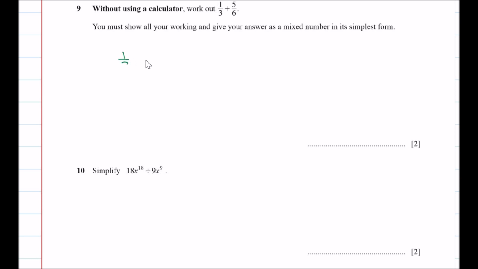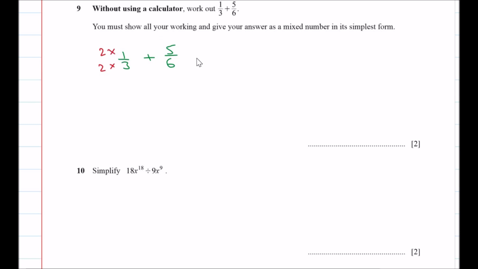So, we have 1 by 3 plus 5 by 6. Now, one denominator is 3, the other denominator is 6. 3 we can easily make 6. We can multiply this by 2. So when you multiply 3 by 2, we need to multiply the top number also by 2.